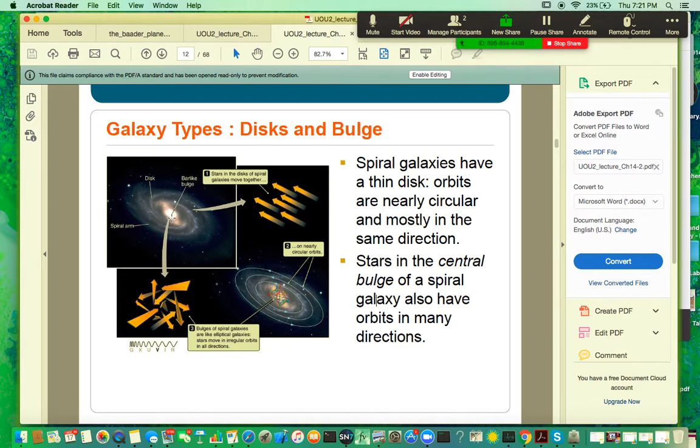For instance, look at this bright bulge that I'm showing right here, and the disk itself.